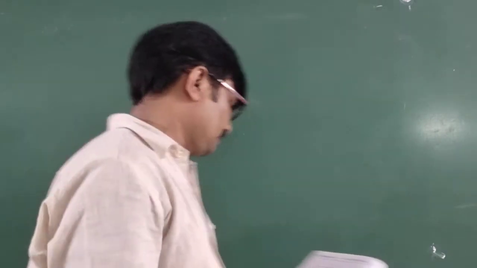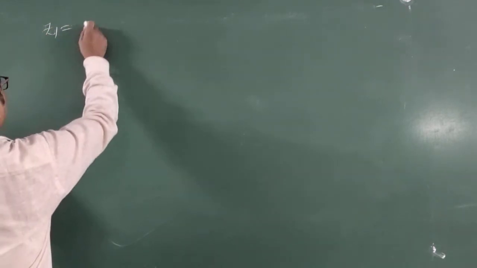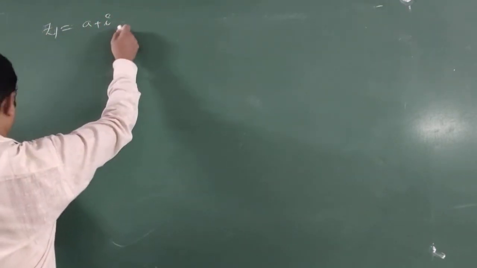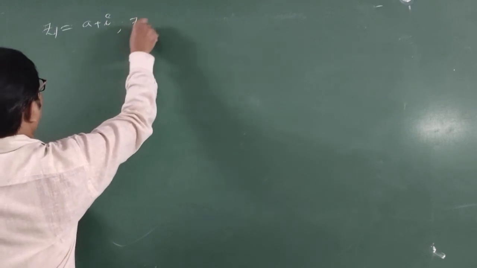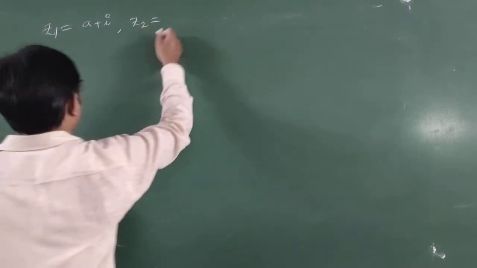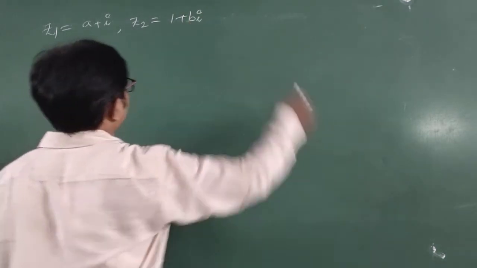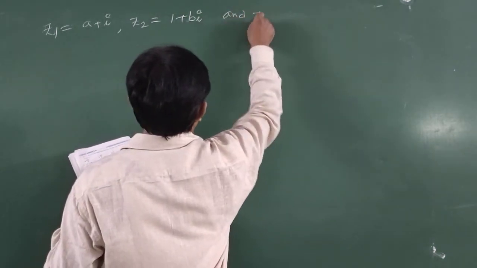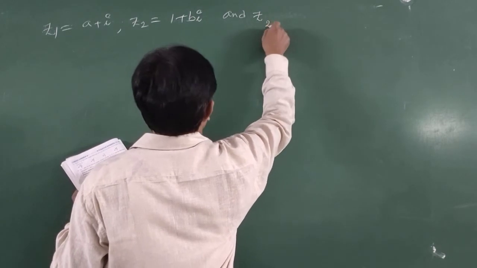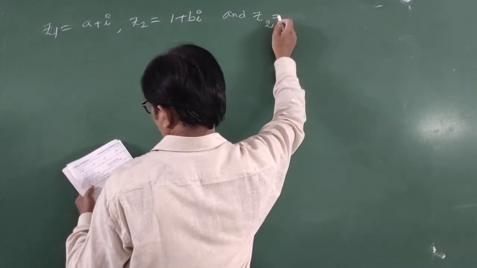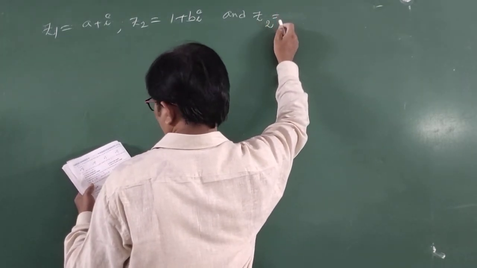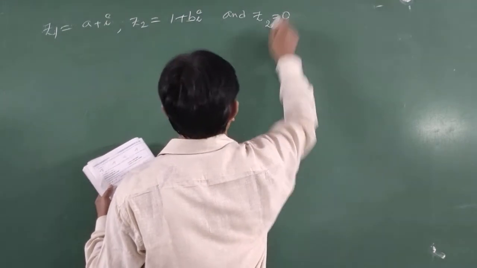Let a and b be real numbers between 0 and 1, such that the points Z1 is a plus i, Z2 is 1 plus bi, and Z3 is 0, form an equilateral triangle.